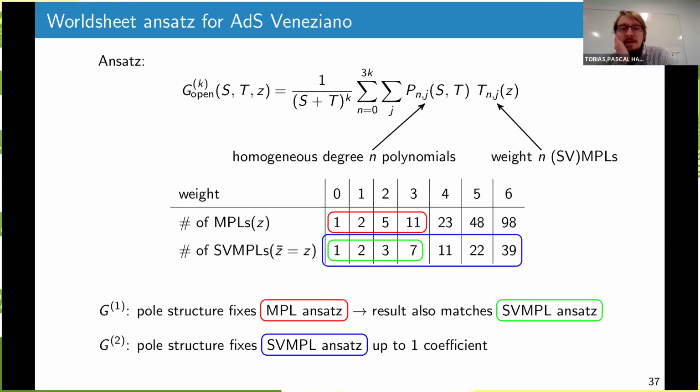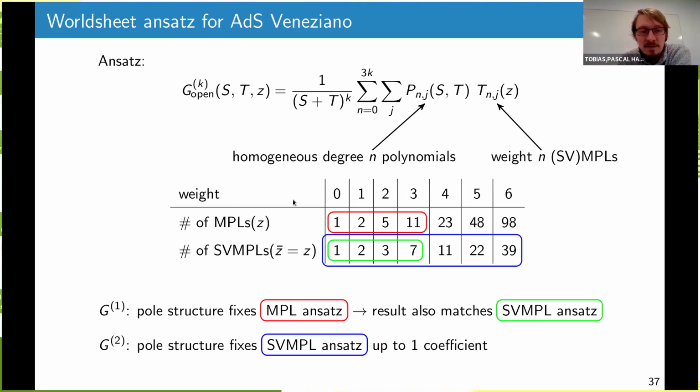Yes. So the ansatz now has, again, maximal weight 3K. We have this sum over transcendental weight from 0 to K, but also lower weight terms, and each term has polynomials in S and T of degree N. In this case, for the first curvature correction G1 we first made an ansatz in terms of multiple polylogs.